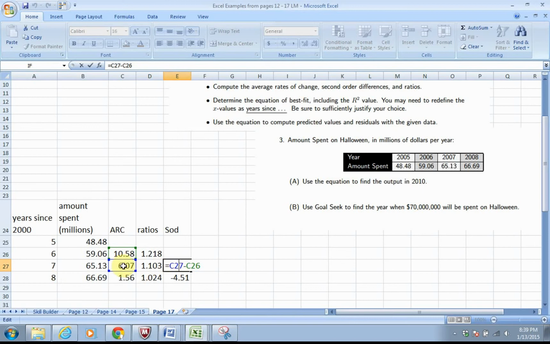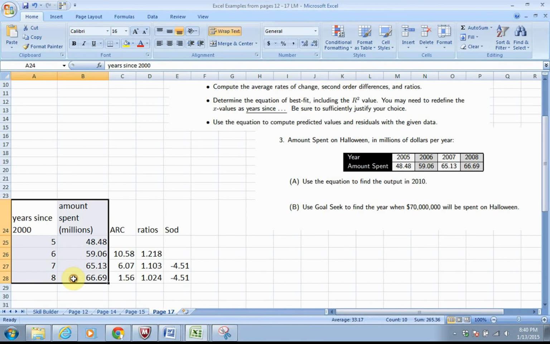We can just say C27 minus C26, and if you notice in this cell I have C28 minus C27, and they are the same value, which would lead us to think that the best representation would be a quadratic function.